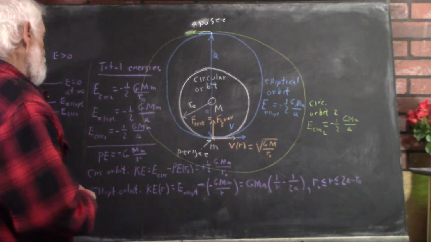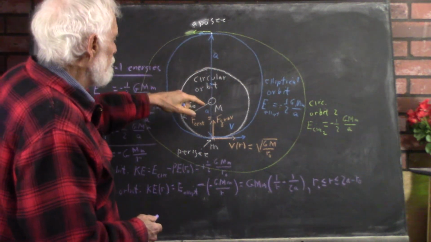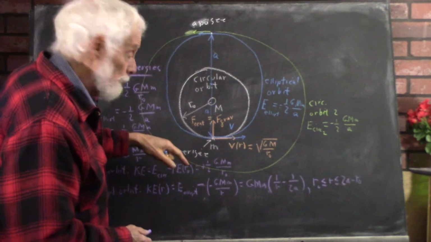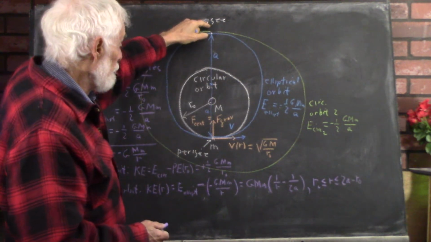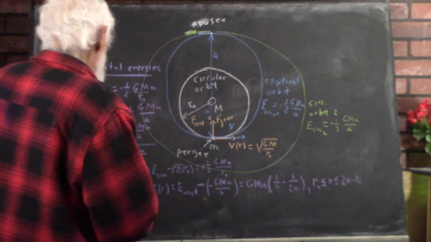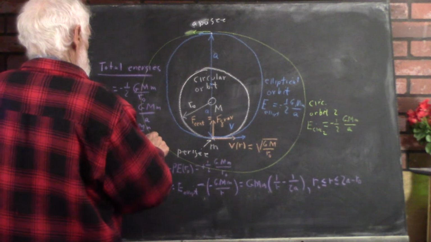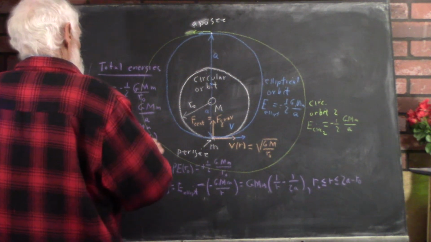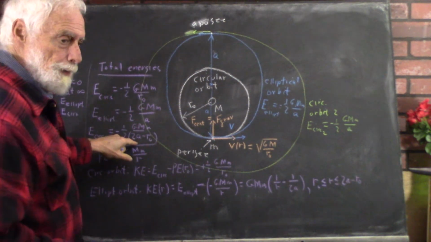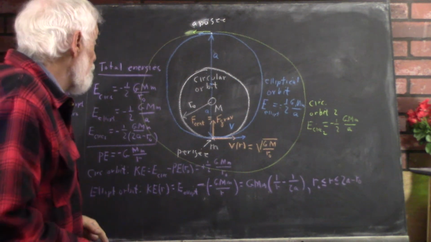A is not the radius of this new circular orbit. The radius of this new circular orbit is 2a minus r naught. And I mindlessly wrote this down as if the radius of that orbit was going to be a, which is not the case.